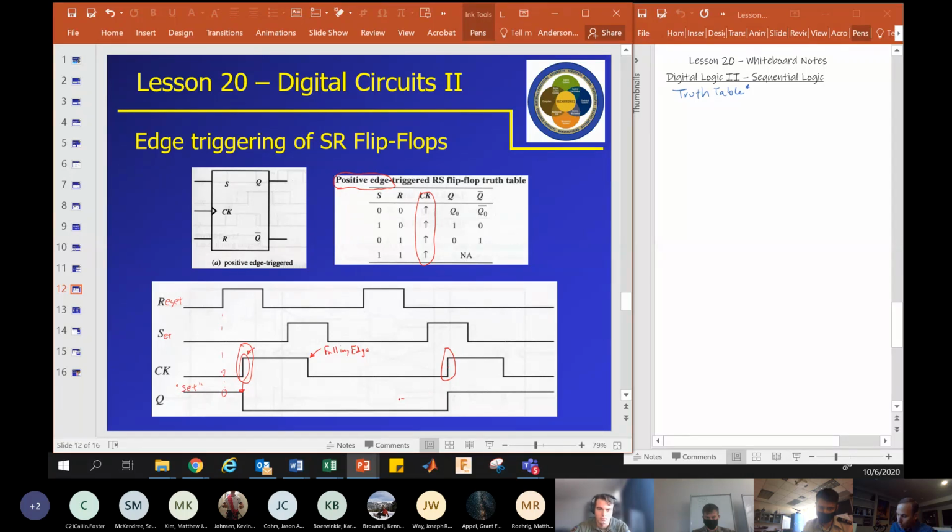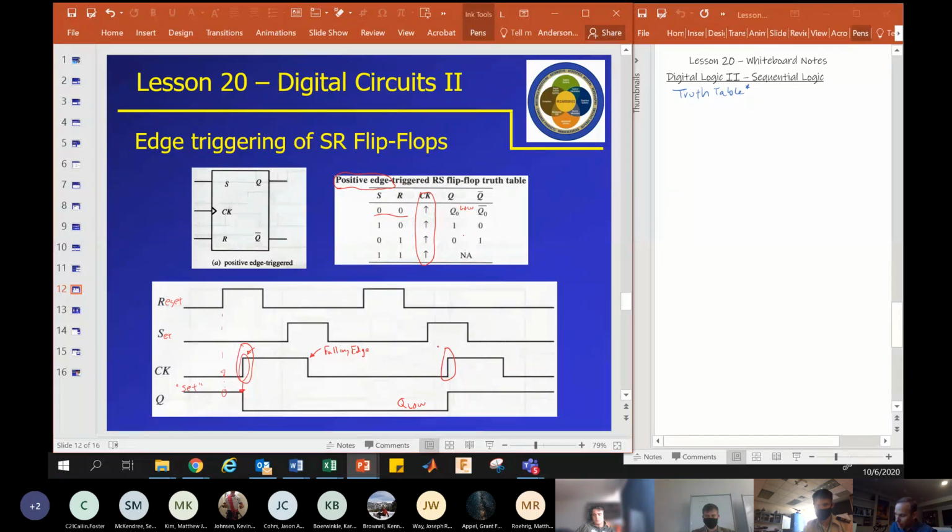Well, Q was low, so it means we're right here. S was low and R was low. So we're up here where S and R are 0 and Q is low. Then we get the clock pulse.